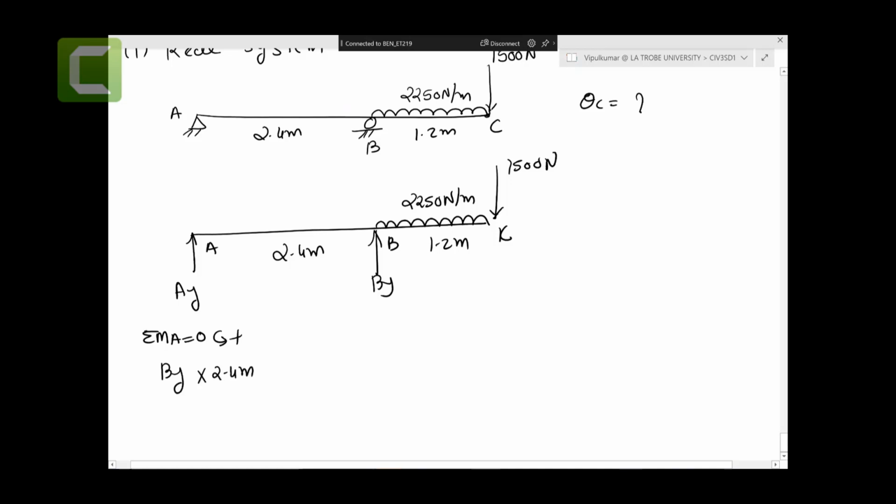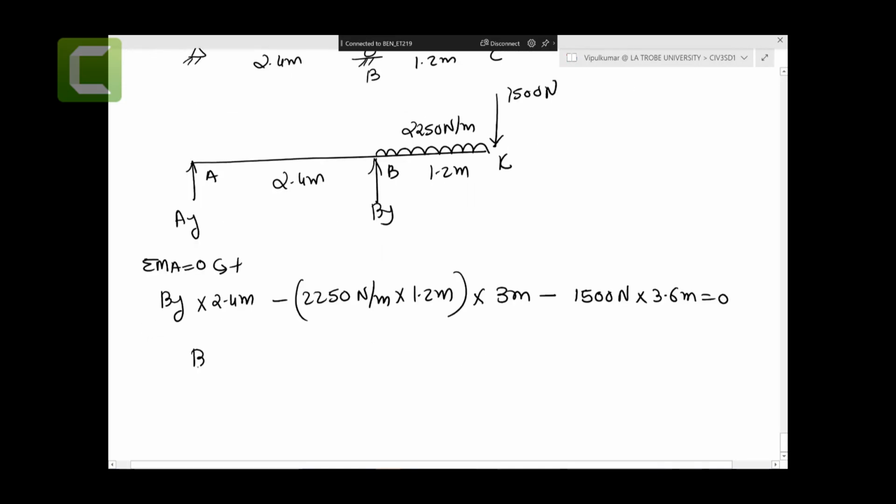BY times 2.4 meters, minus 2250 Newton per meter times 1.2 meters times 1.2 meters over 2, so 0.6, and 3 meters, minus 1500 newtons times 3.6 meters equals 0. Right, so BY equals 5625 Newton.